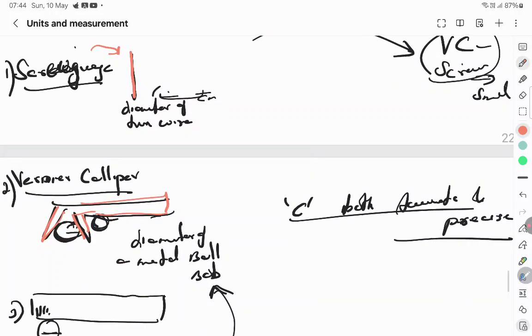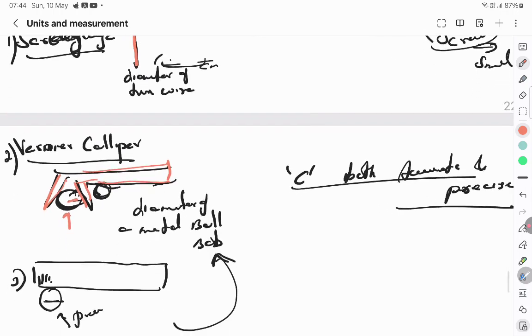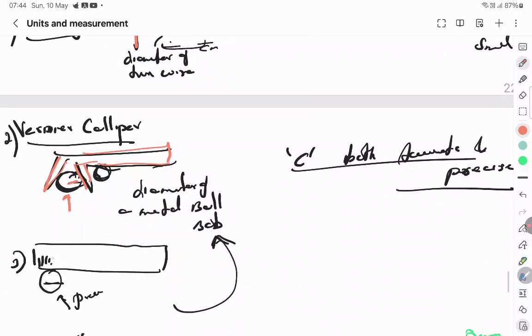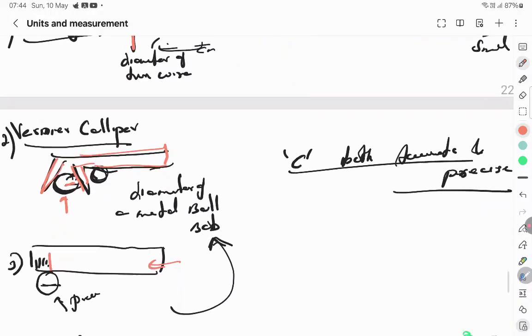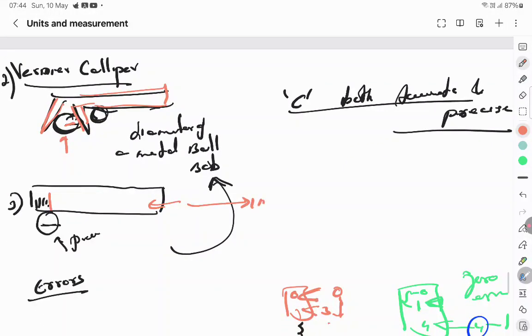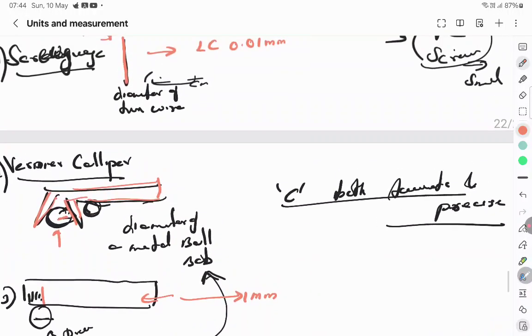In your school, if you want to find the diameter of a metal bob, a vernier caliper can be used. And if you measure with a meter scale, whose least count is a millimeter, it need not be more precise. Imagine the screw gauge has a least count of 0.01 millimeter, whereas a normal scale has 1 millimeter as its least count.